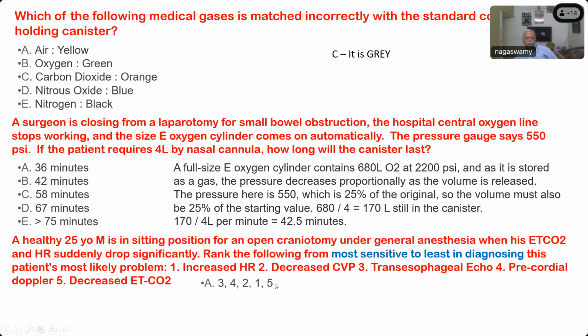Why is EtCO2 the last? Even in cardiac arrest, you will have a drop in EtCO2. Even though earlier it was considered one of the important things, now it is not considered so. These are the options, and of course, 3, 4, 5, 2, 1 is the answer.